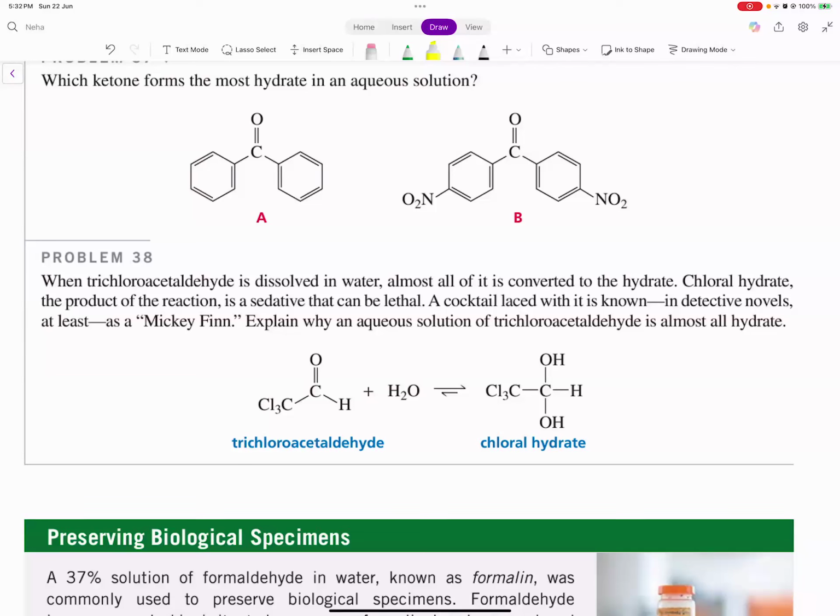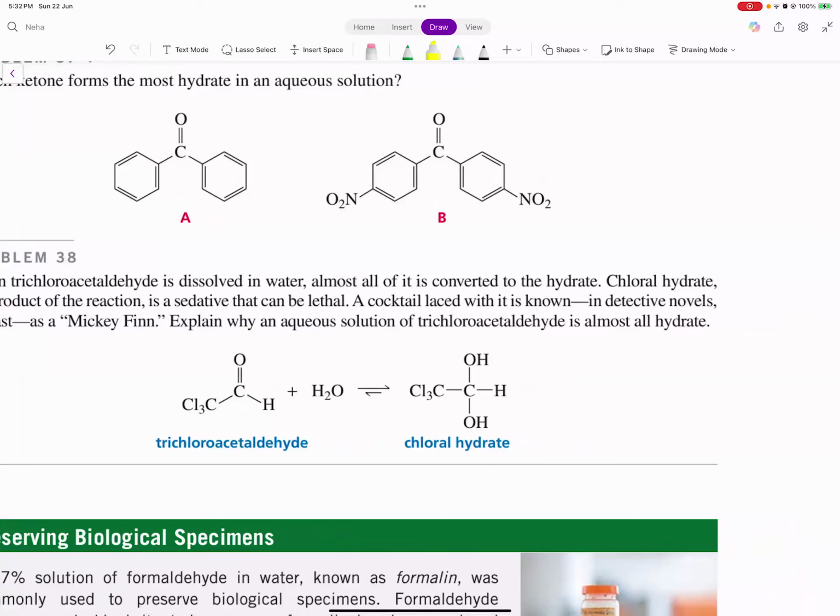What is happening is the hydrogen bonding. Normally we know that it is formed with fluorine, oxygen, nitrogen, right? Let me draw.